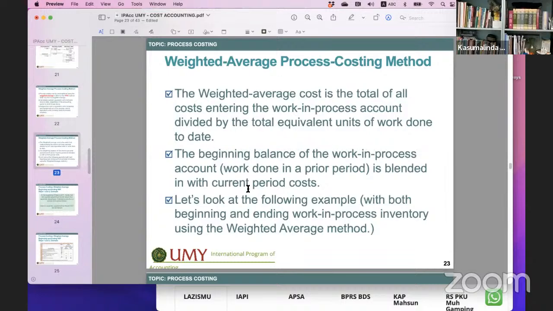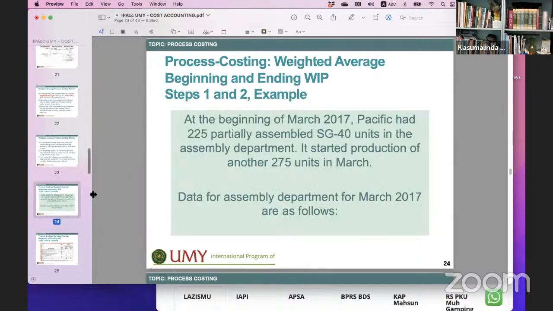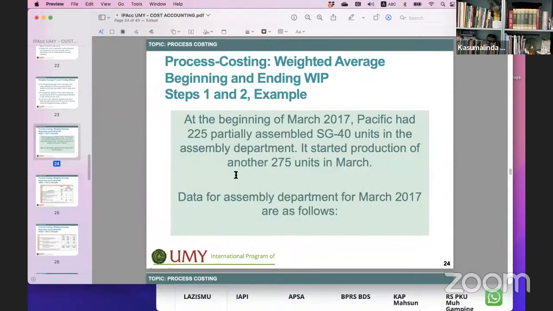Okay, I will skip this slide because I want to explain straight away in the example that we will go through after this. This is the example that we are going to use. It is about the same as the example that I explained just now.